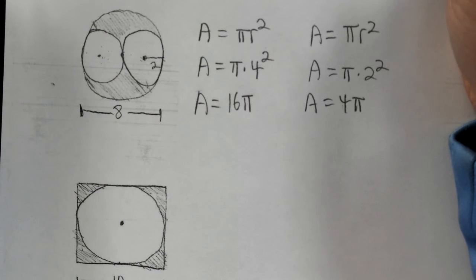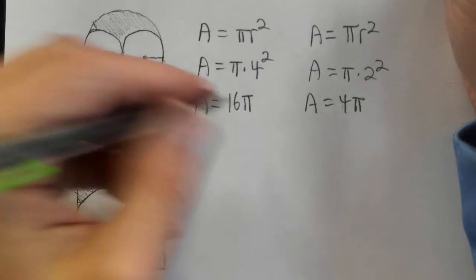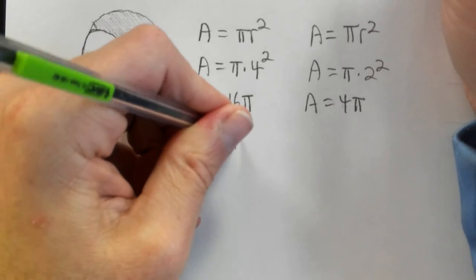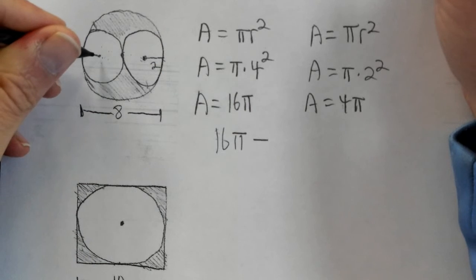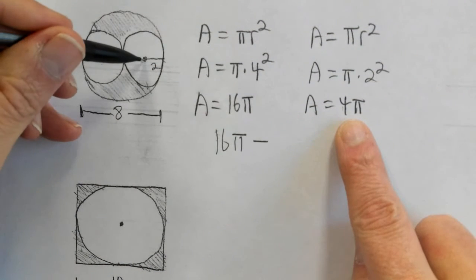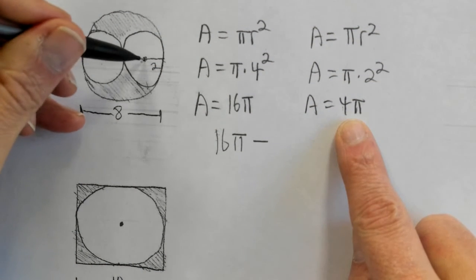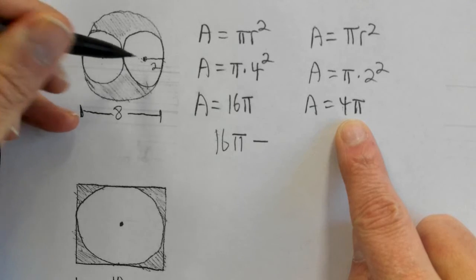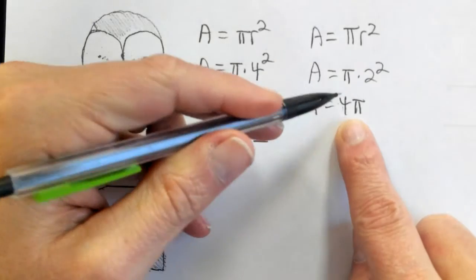All right? Now, let's see how we can come up with the answer. Again, I want the area of the whole thing, 16 pi, minus the area of the empty space. Well, remember, one of these circles has an area of 4 pi. That means if I wanted to subtract off 2 of them, then I would have to multiply 4 pi times 2.